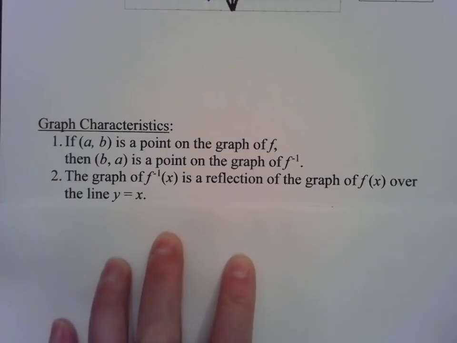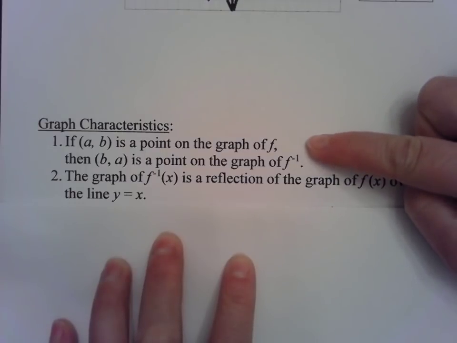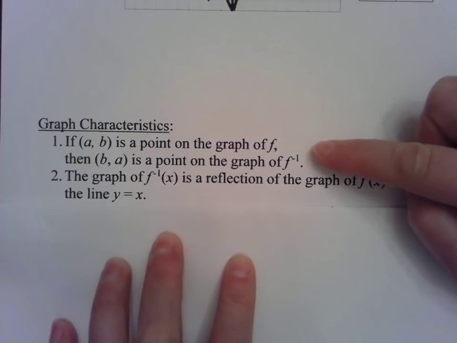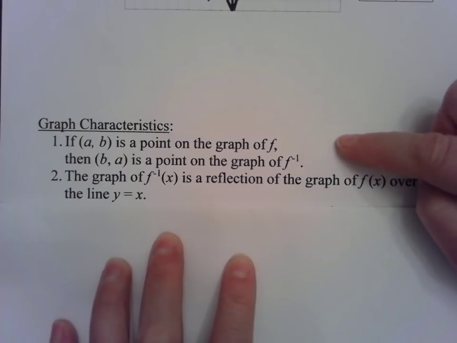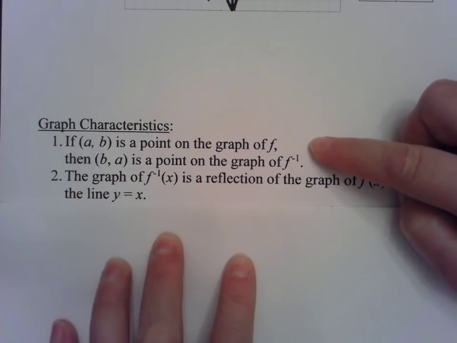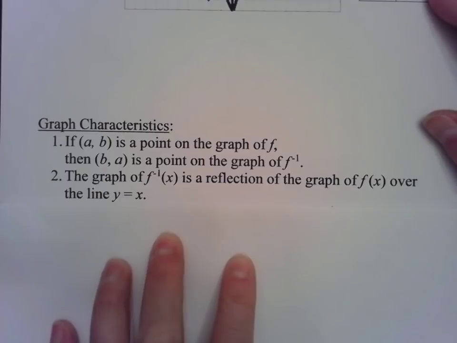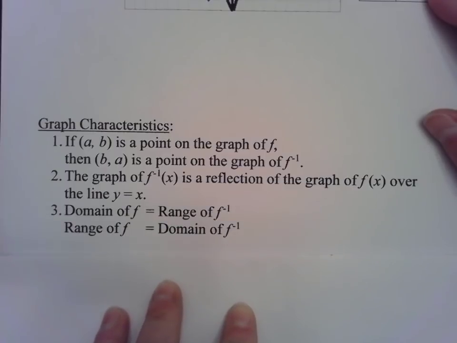Okay, and then the third one is a lot like number 1, but a little bit more global. So in number 1, we're talking about individual points, but also all of the x values for the original function become all of the y values for the inverse. And all of the y values for the original function become all of the x values as a group, right? That's the statement about domain and range.